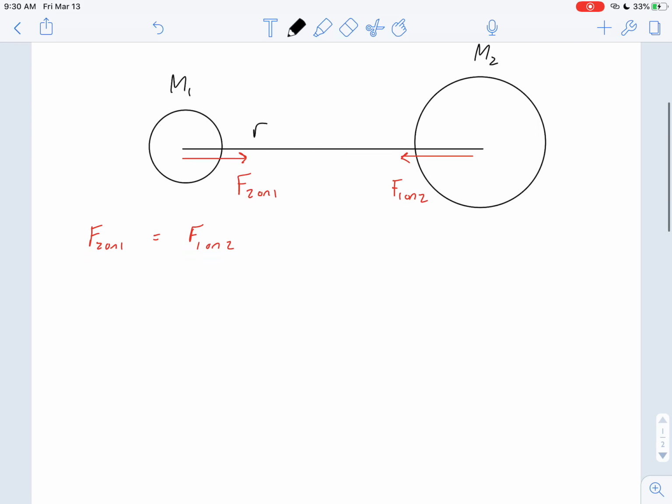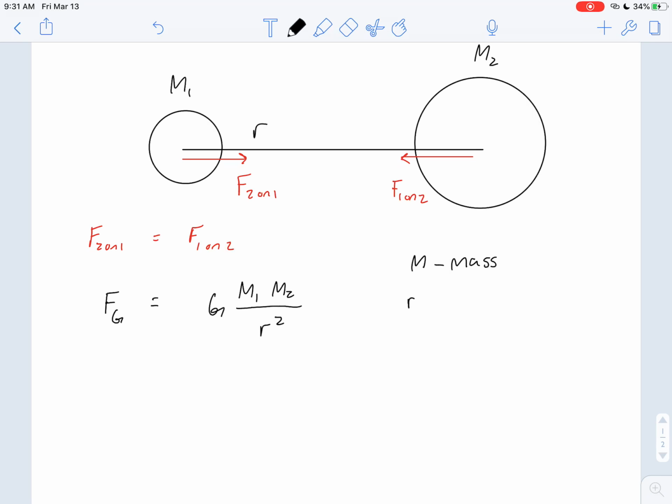So this gravitational force between them, we'll call it F_G, is equal to big G, mass 1 times mass 2, divided by r squared. Okay, this equation is on your equation sheet, so you don't have to remember it, but we should use it often enough that you will remember it. So as we talked about, m1 and m2 are the mass of each object. r is the distance between the centers of mass of each object.